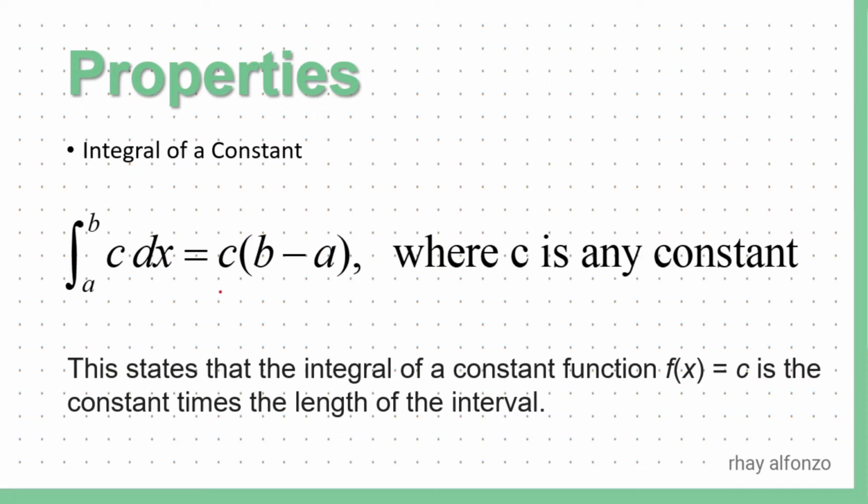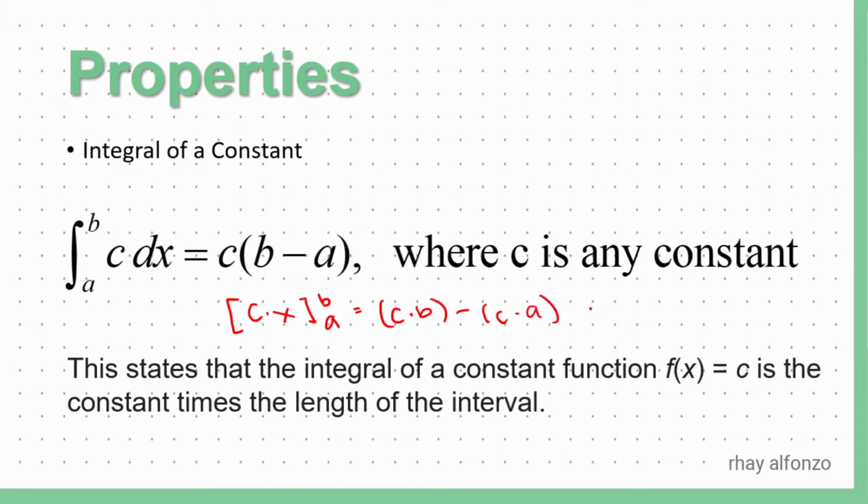When we apply the definite integral, c dx becomes c times x. Then we evaluate that from a to b, giving us c times b minus c times a.